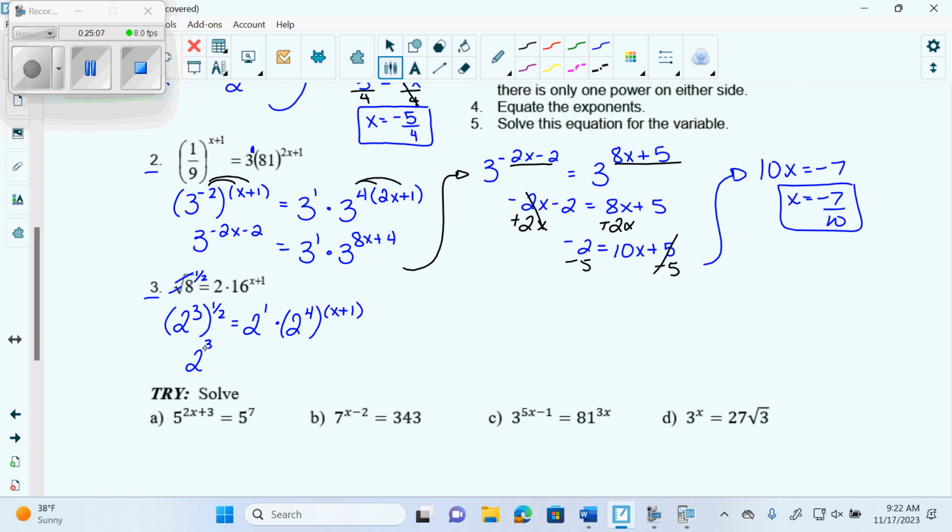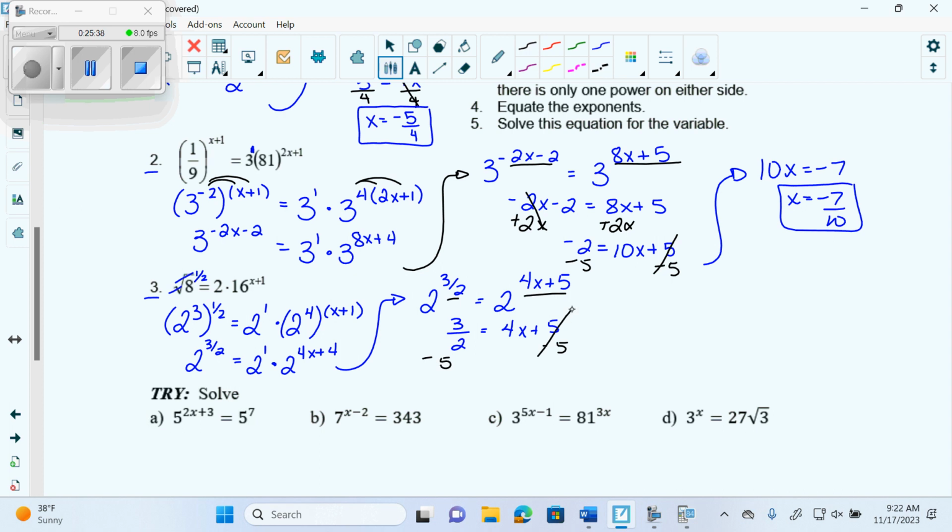So I get 2 to the 3 halves equals 2 to the 1 times 2 to the 4x plus 4. And so we get 2 to the 3 halves equals 2 to the 4x plus 5. Then these equal, so I get 3 halves equals 4x plus 5. Subtract 5. And so I get 3 over 2 minus 10 over 2.